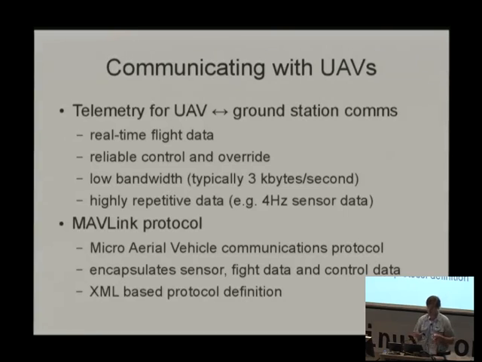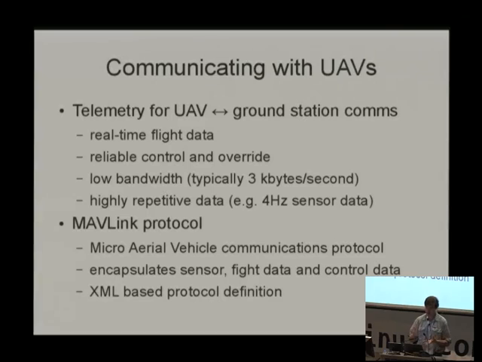Now, we adopted a protocol called MAVLink, the Micro Aerial Vehicle Communication Protocol, which is a bit of a standard within the amateur autopilot community and is starting to be used by some of the professional, commercial autopilots as well. The AR drone has just started to adopt MAVLink, for example, and some of the more expensive ones are starting to use it as well, which is nice.